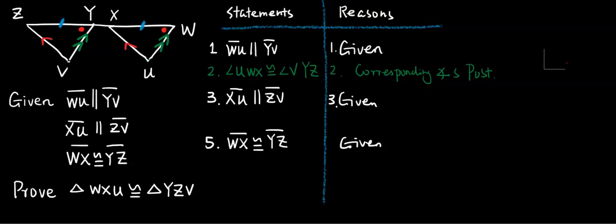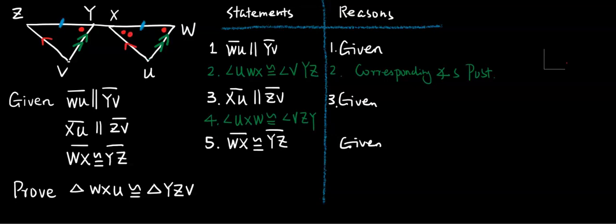All right, let's continue. I can say from here, I find out angle UXW is congruent to angle VZY. All right, let's go ahead and label it. UXW is here.